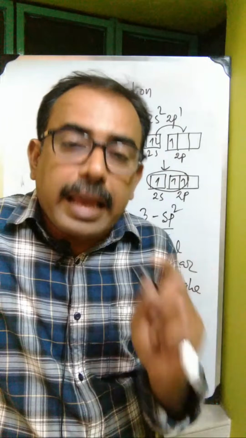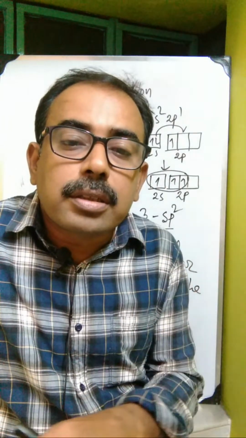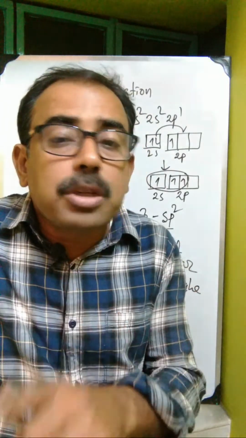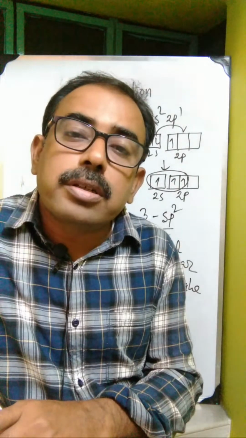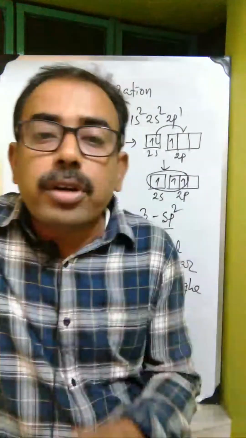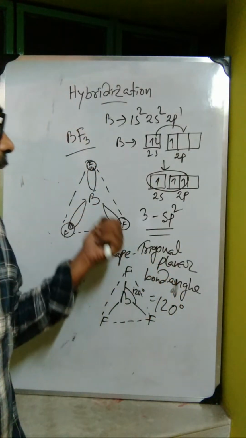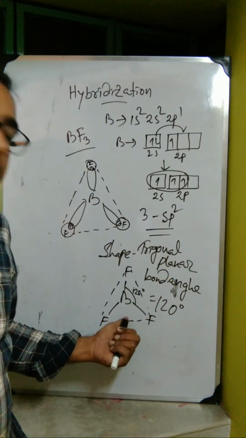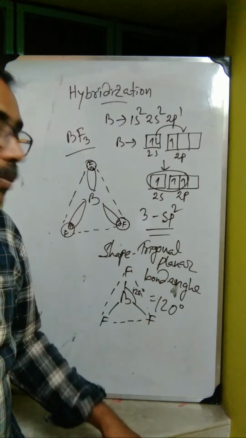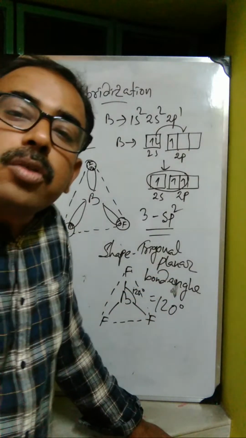And if one s orbital hybridizes with 2 p orbitals, then the state of hybridization is sp2, and for sp2 the shape will be trigonal planar, and the bond angle for sp2 hybridization is 120 degrees.